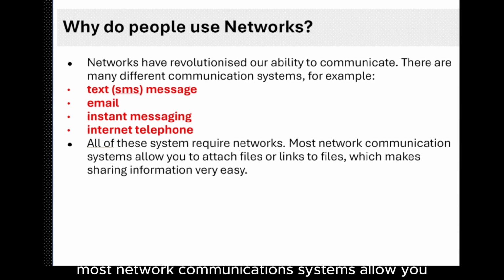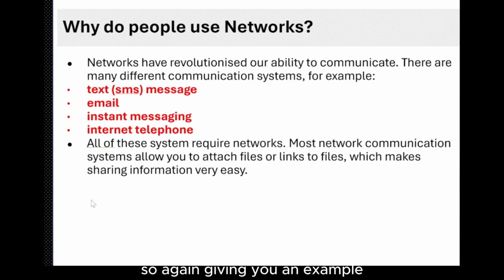Most network communication systems allow you to attach files or links to files, which makes sharing information very easy. Organizations have computer networks to allow users to share resources. These can be physical resources such as printers or online resources such as files.